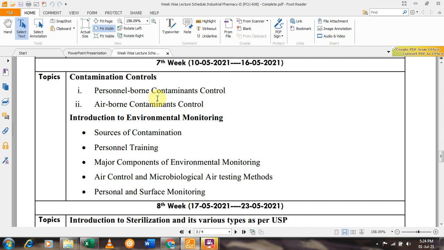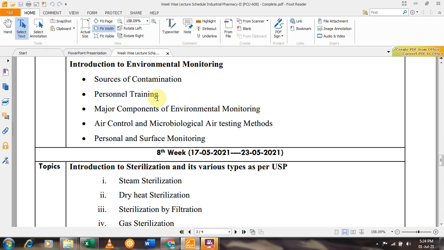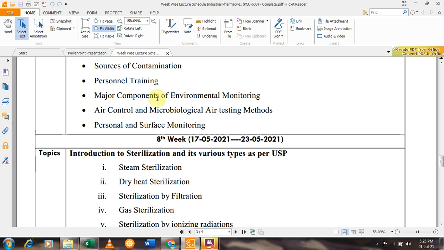Apart from these topics, in the parenteral product chapter, we discussed introduction to environmental monitoring, sources of contamination, personnel training, major components of environmental monitoring, air control and microbiological air testing methods, personnel and surface monitoring.